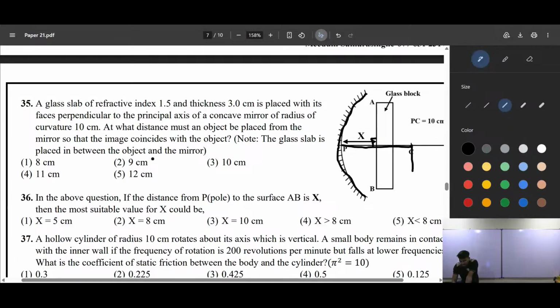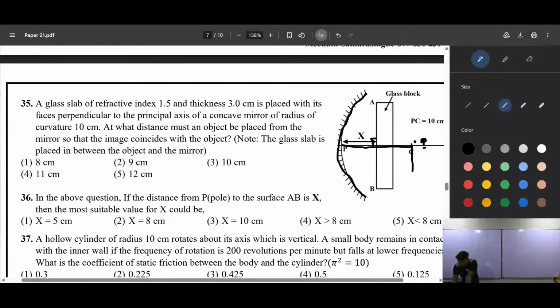So the object is somewhere there. When you place the object here, the image will be formed exactly on top of it. That is what they have mentioned. At what distance must the object be placed from the mirror so that the image coincides with the object?